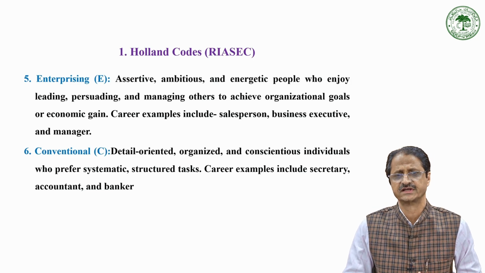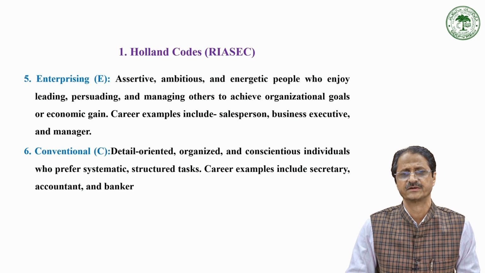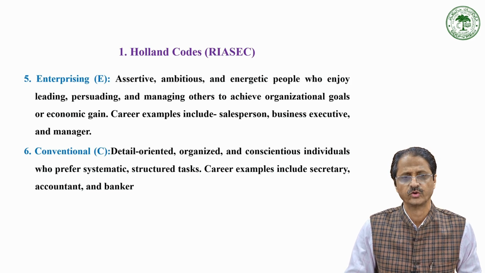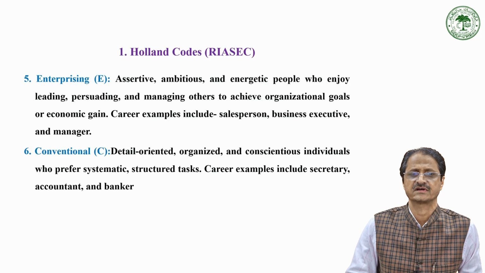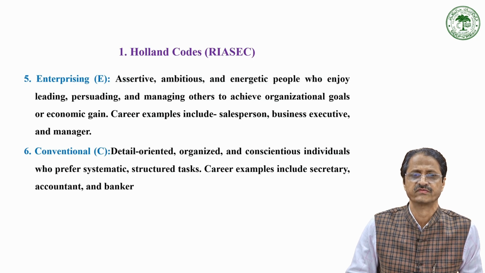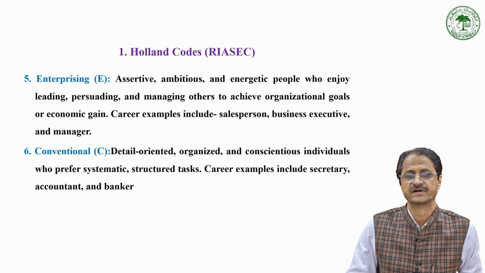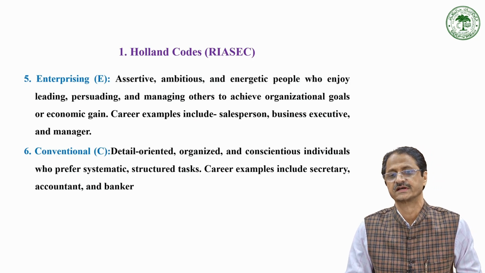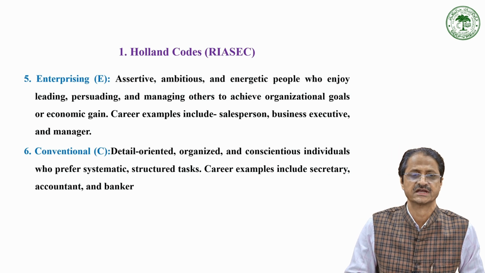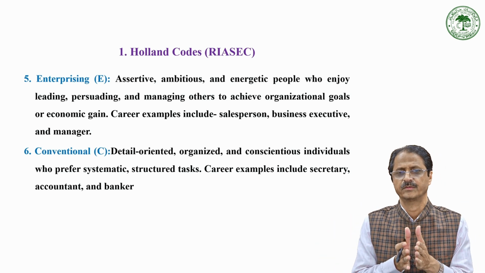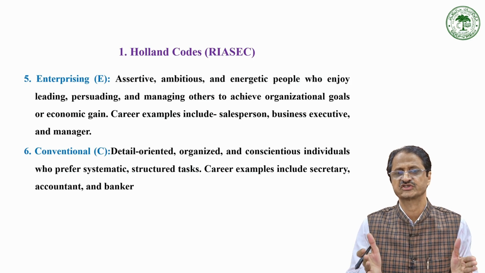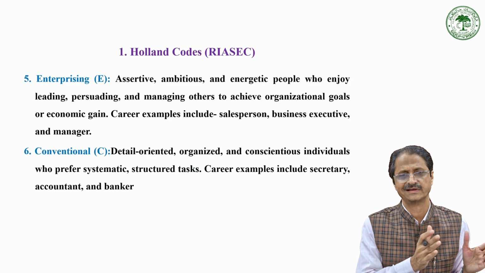So there are six types of personality advocated by Holland, and on the basis of these personality types, if certain characteristic features are seen in the students, for example the child is enterprising, then he may be directed to certain choice areas such as salesperson, business executive, and manager, and thorough planning by the counselor can be made by choosing some other area which comes under the enterprising category.